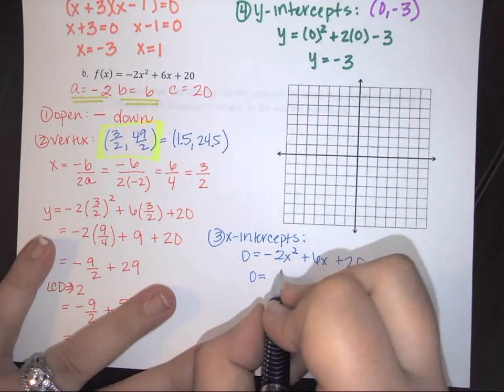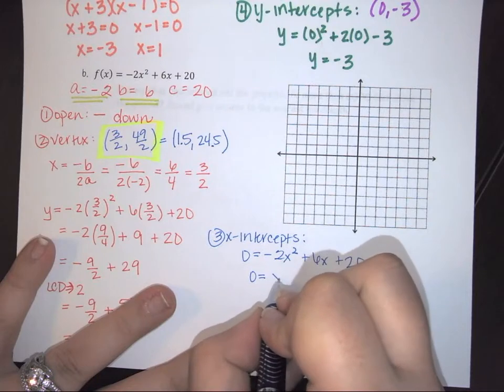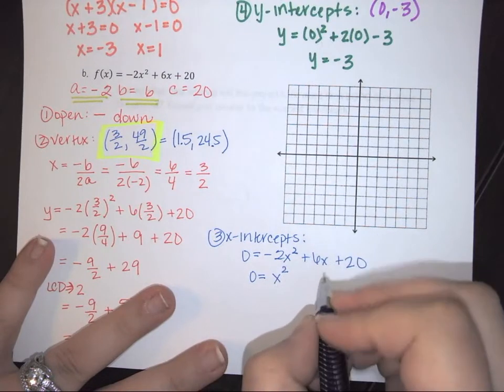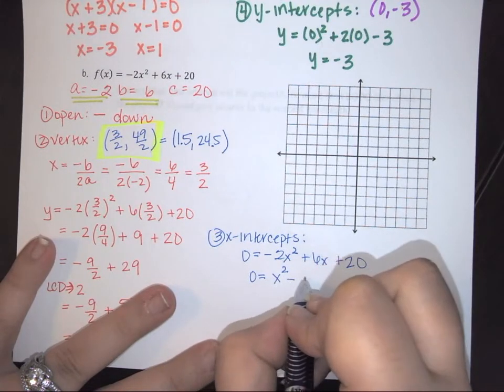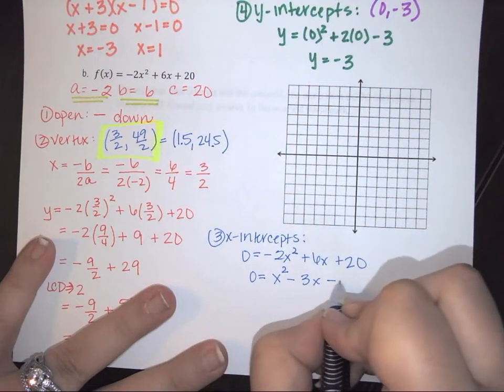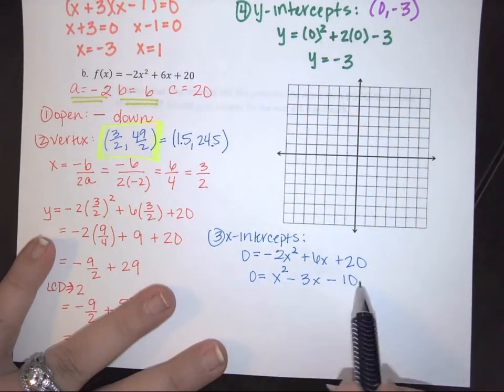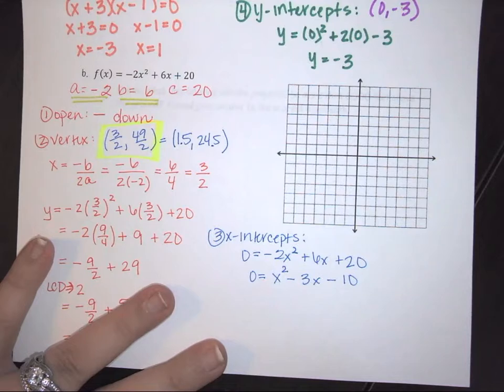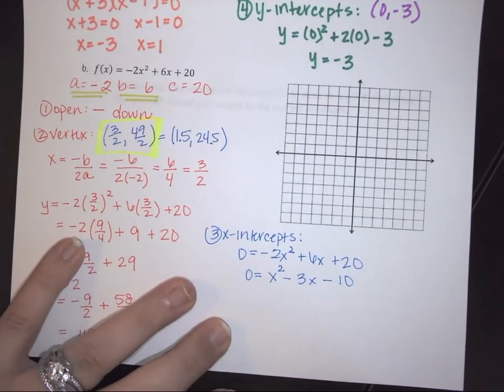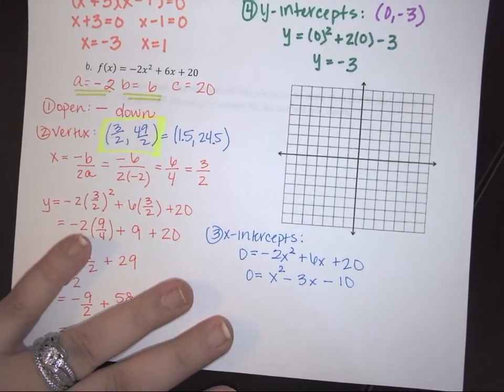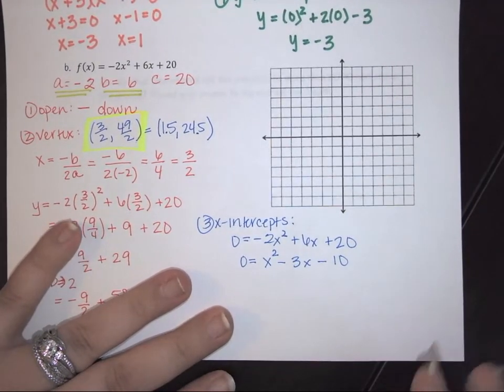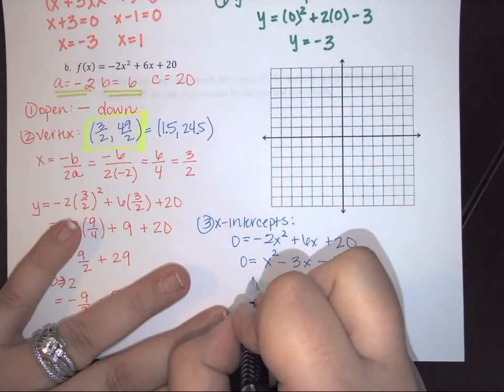So 0 is equal to x squared minus 3x minus 10. Notice I divided my negative out to try and make things a little bit simpler, and then I also was able to pull out that 2. Now I can easily factor this.